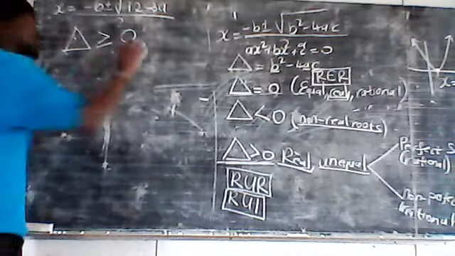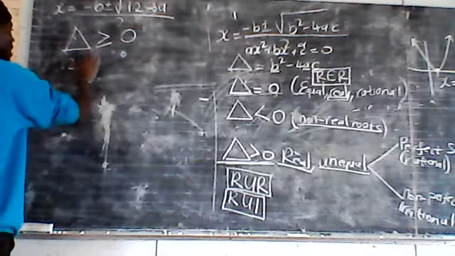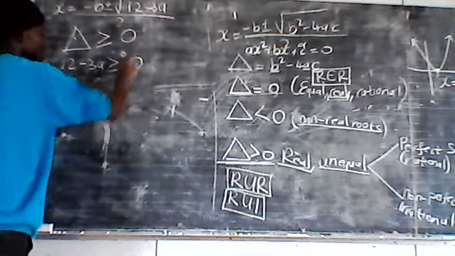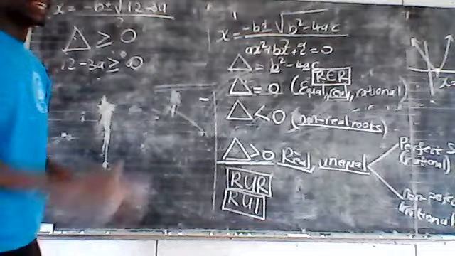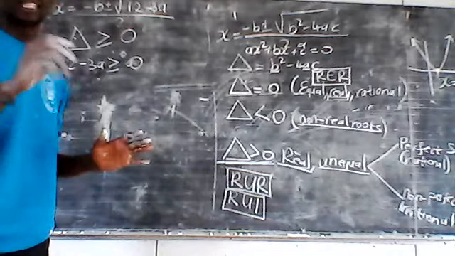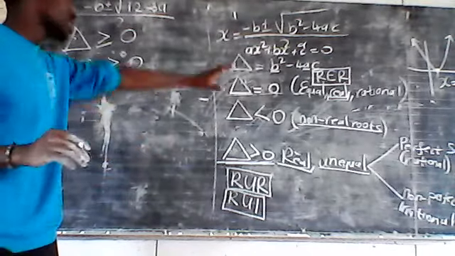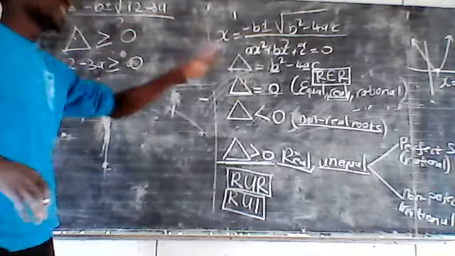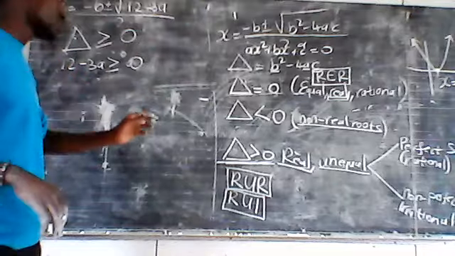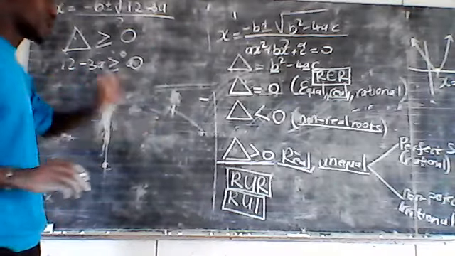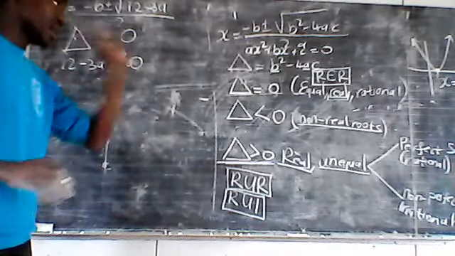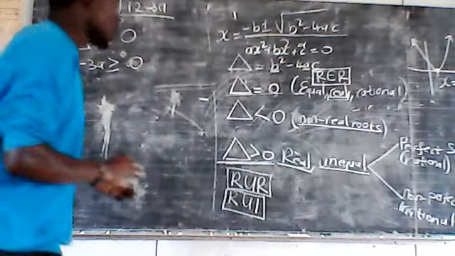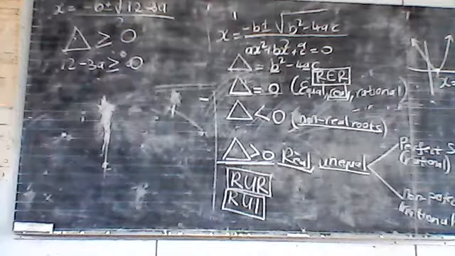So from there, I'd say my 12 minus 3a is greater than or equal to 0. It's because they said real, and we are getting real roots in two cases. In case 1, when your delta equals 0, we are having equal, real, and rational roots. And in case 2, with a delta greater than 0, we are having real, unequal, and either rational or irrational roots.